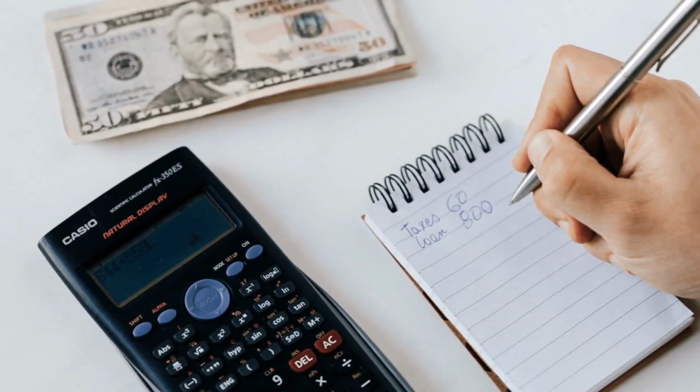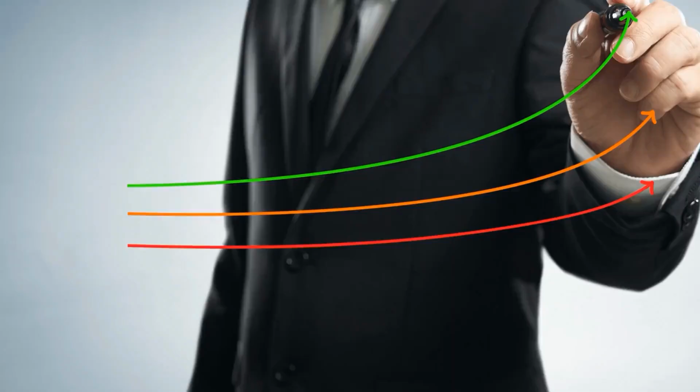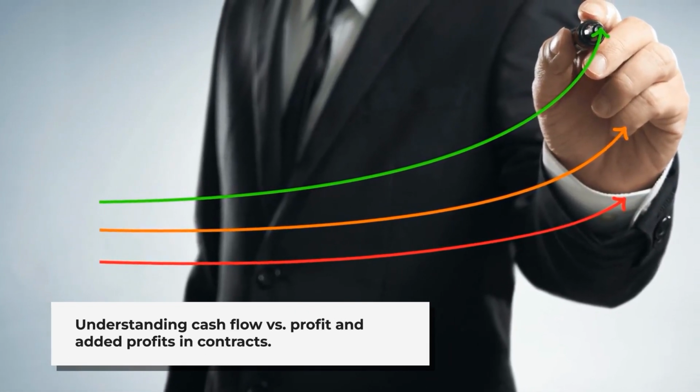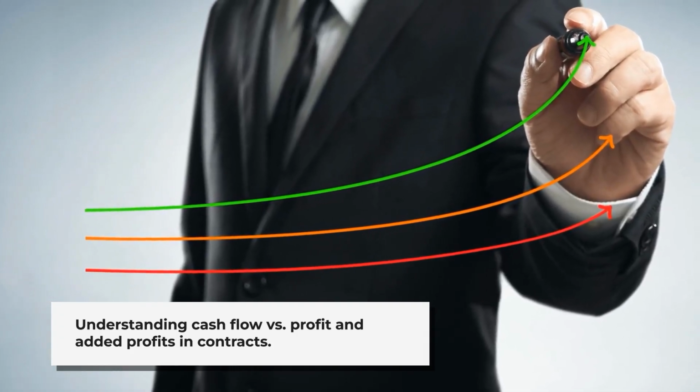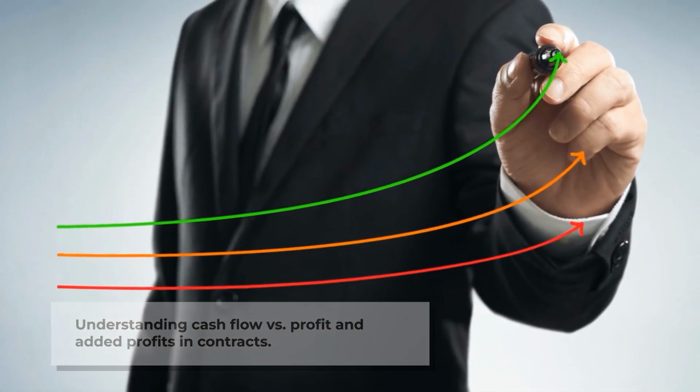Or even if you're doing a lease option, it's more than your lease. So the difference becomes your cash flow and the profit. And on top of that, you get an added profit for yourself, which is normally included in the contracts.